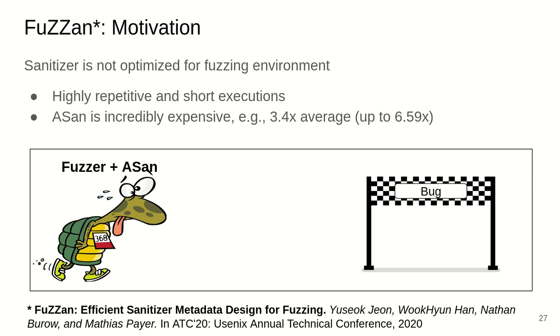In a fuzzing environment, there are a lot of executions. Executions are highly repetitive and usually short. And in fuzzing, ASan is incredibly expensive. We found that it's about 3.4x on average, but up to 6.6x overhead. So this is incredibly high.